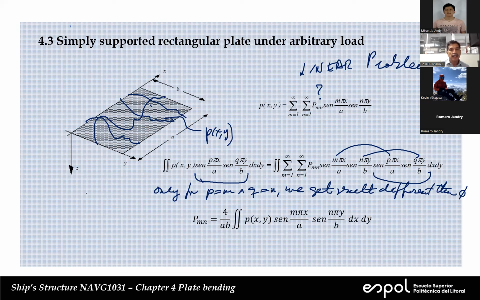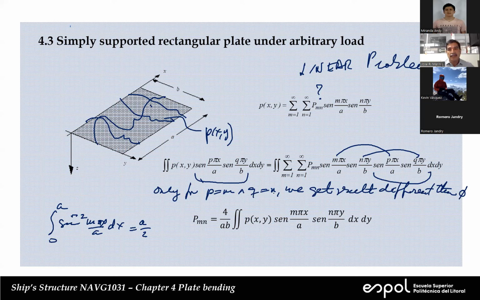Okay, you integrate, let me put it here, you integrate sine squared of m pi x over a dx, this from 0 to a, is equal to a over 2. Okay, so on the right hand side, since you have sine squared in x, sine squared in y, you're going to have ab over 4.